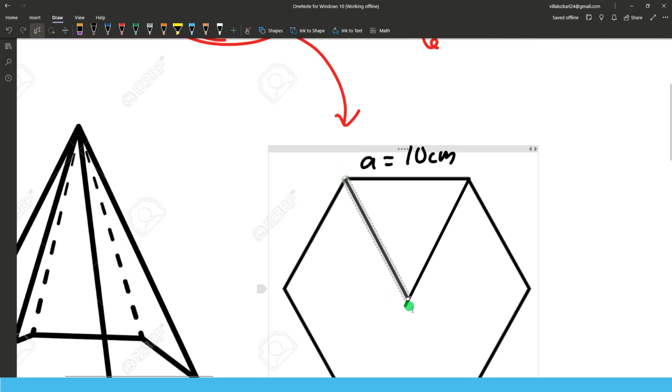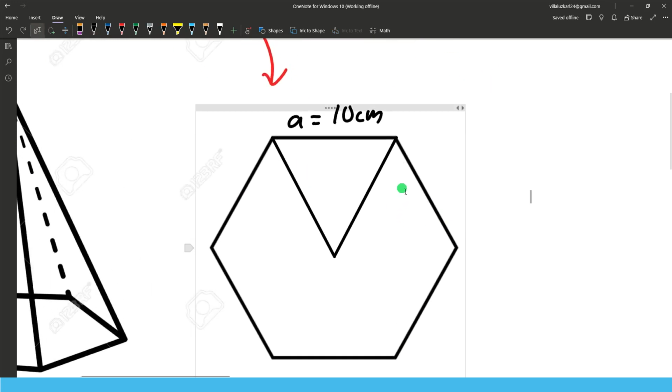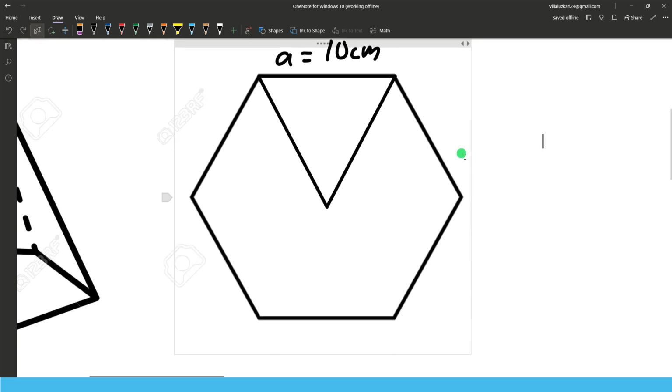We determine the area of the triangle formed here and multiply it by 6 because we have 6 sides. The central angle here is equivalent to what? If we have a total angle of 360 degrees, 360 degrees divided by 6 is 60. That's the central angle for this triangle.